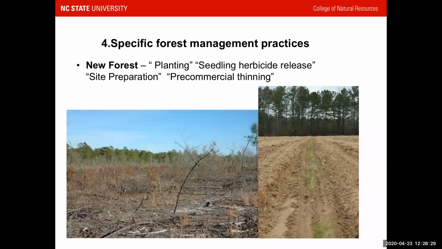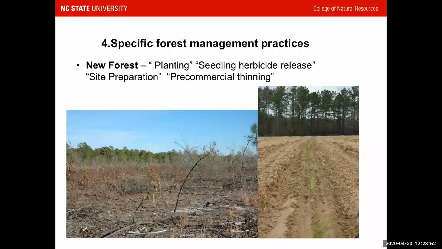And then you need to have specific forest management practices. So this is another part of the PUV plan. So if you're starting a new forest and you're planting or doing a seedling herbicide release, a site preparation, whether it's mechanical or chemical, you need to have that in there.